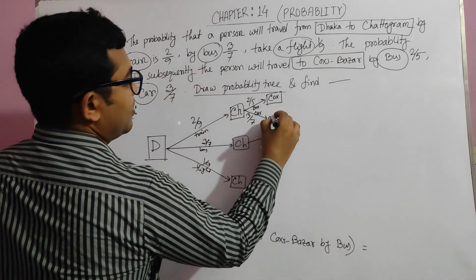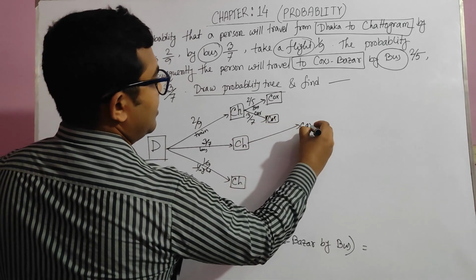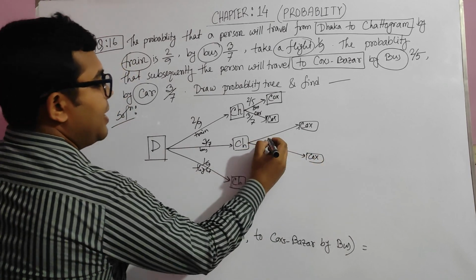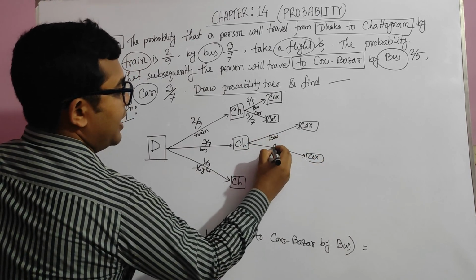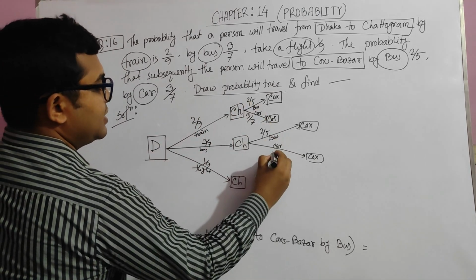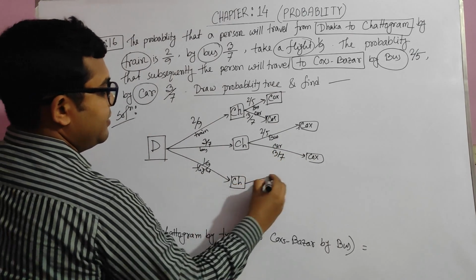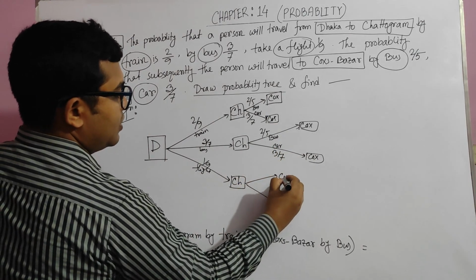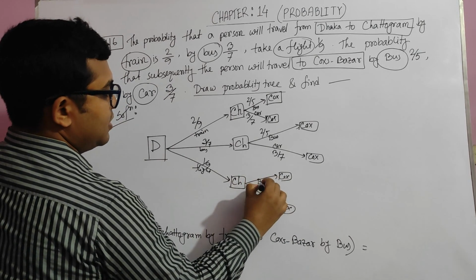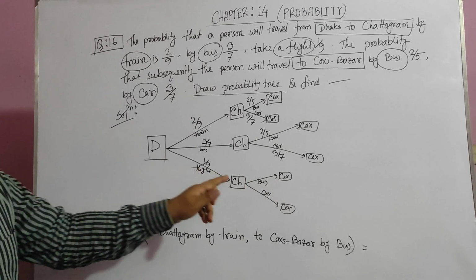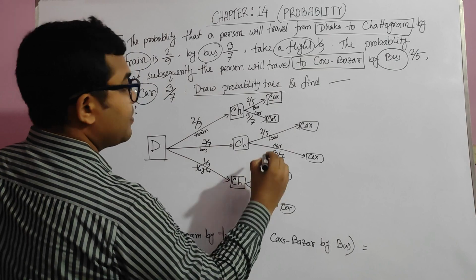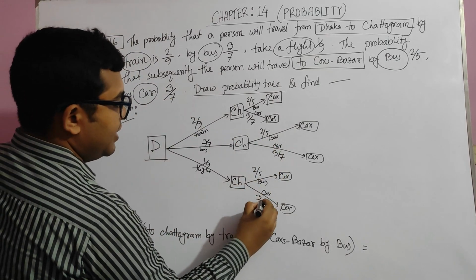Similarly from the other branches to Cox's Bazar, it can be also by bus or car. By bus is 2/5 and by car is 3/7.